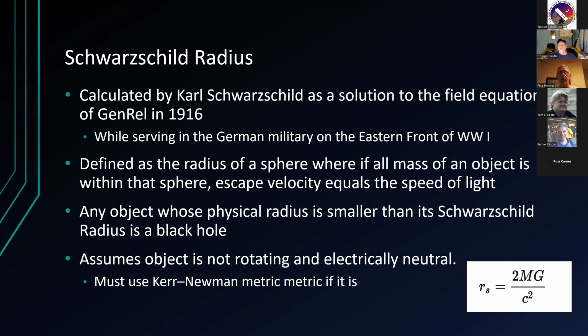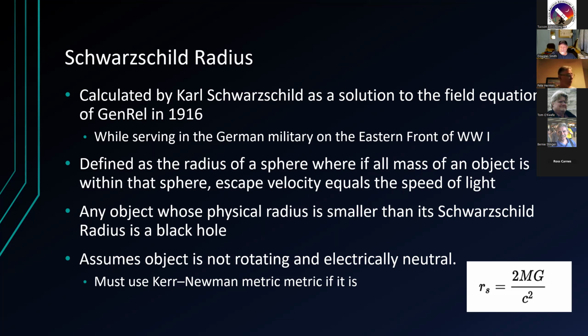This radius that he could define is the radius of a sphere where, if all the mass of that object is within that sphere, the escape velocity equals the speed of light. And if you have any object whose physical radius is smaller than its Schwarzschild radius, it's a black hole.